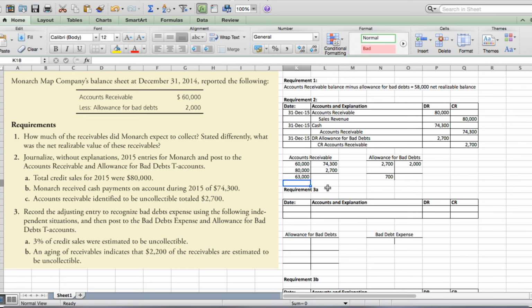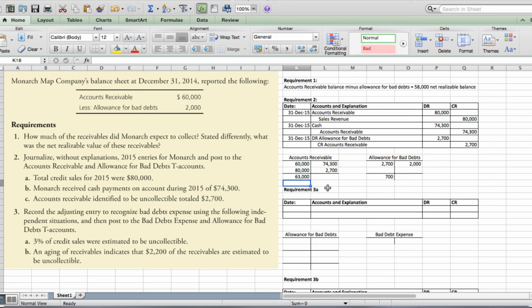So, what we haven't done yet for this year is we have not made an estimate for the accounts that became accounts receivable this year, how many of those are not going to be collectible, okay? This was our estimate from the end of last year. We need to do the same thing and estimate at the end of this year what the allowance for bad debt should be, okay?